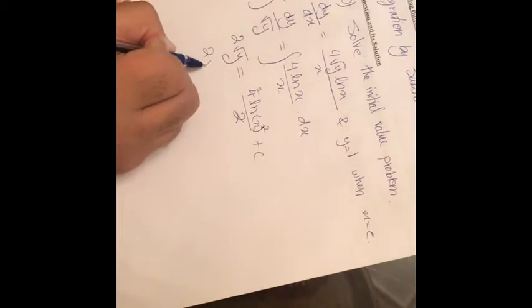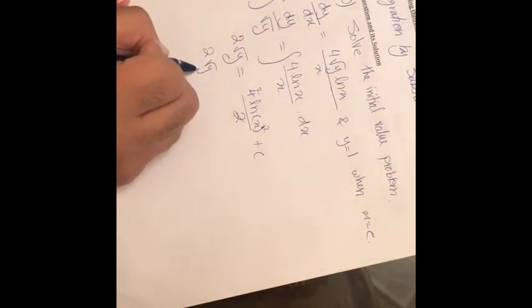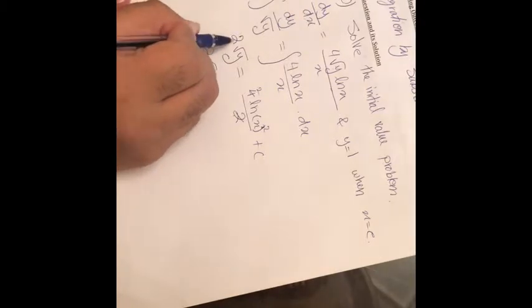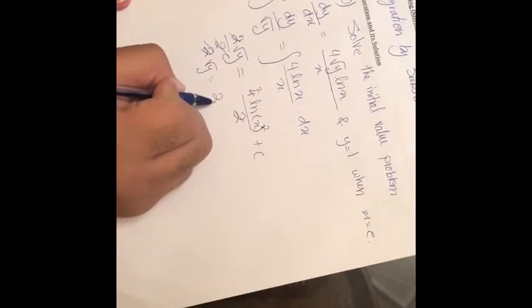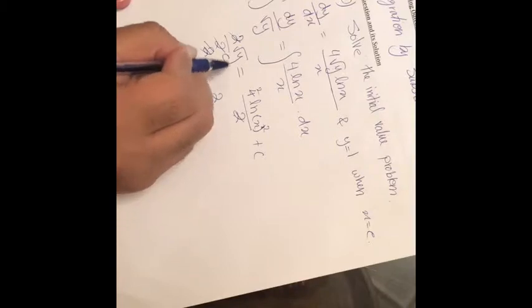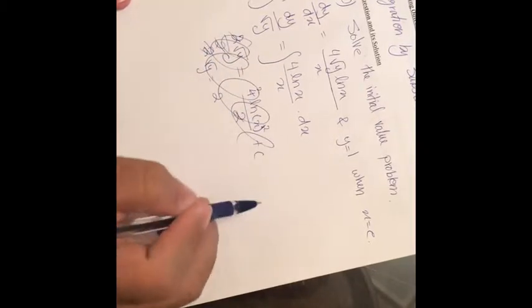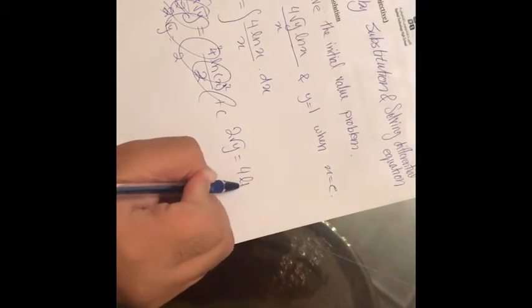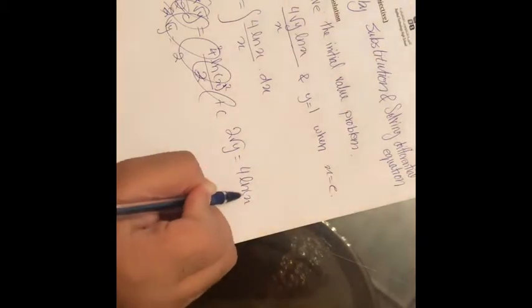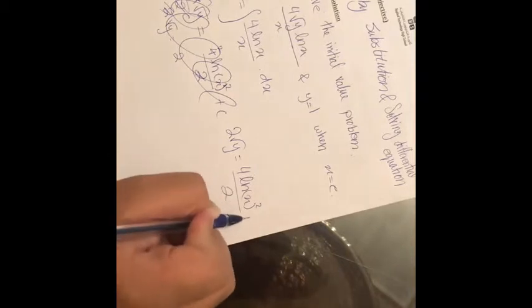I'm so sorry, one minute. It's 2 square root of y equal to 4 ln x squared over 2 plus c.